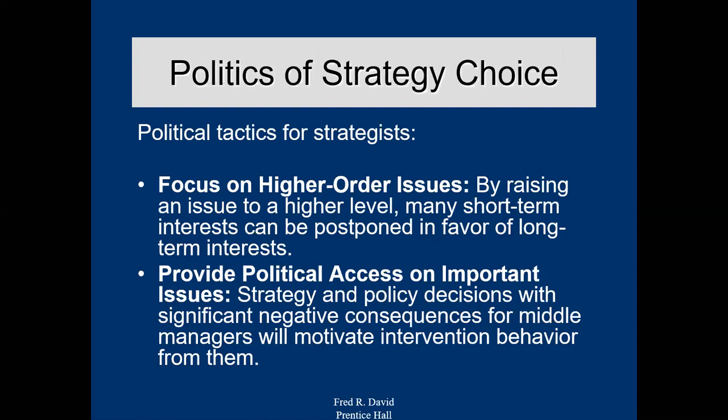Another tactic available to strategists is provide political access on important issues, which means strategy and policy decisions may have negative consequences for middle managers and will motivate intervention behavior from them. So these are the political tactics adopted by strategists for their own benefit and for their own survival in the organization.